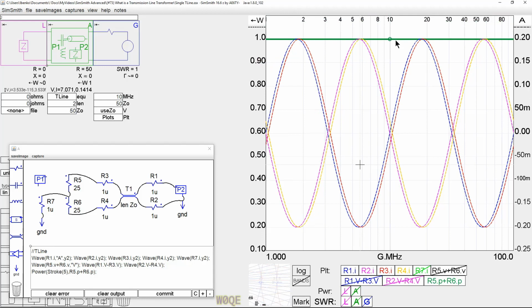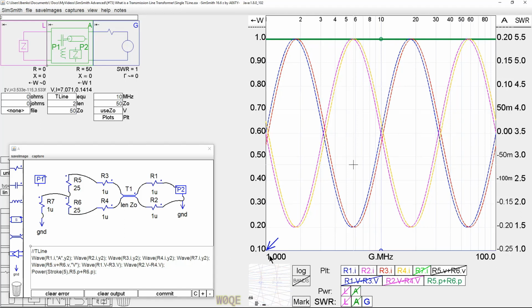I see 1 watt. 1 watt generator, matched load, lossless transmission line. We expect 1 watt in the output. 1 watt's what we get. We look at the SWR. We see this new feature, which is an arrow, which is reminding me that I've got something that's out of bounds on the bottom side. It's blue, so it's something that's selected that's blue. It turns out it's SWR.